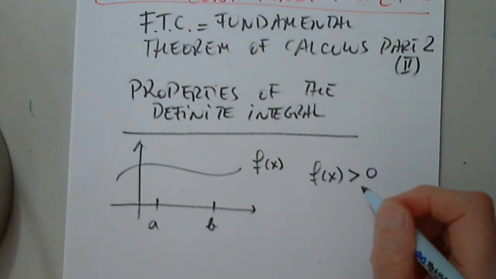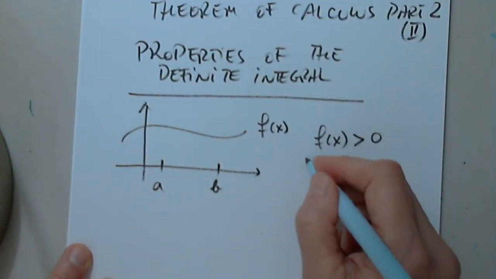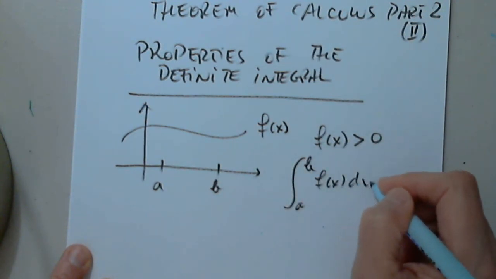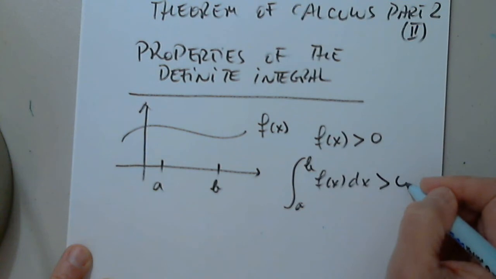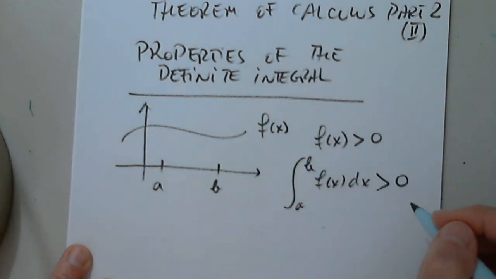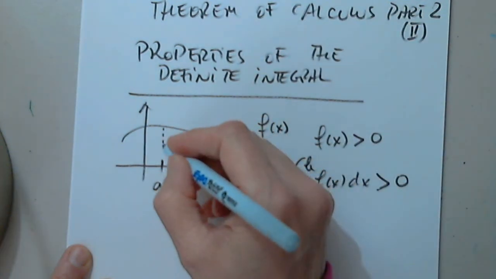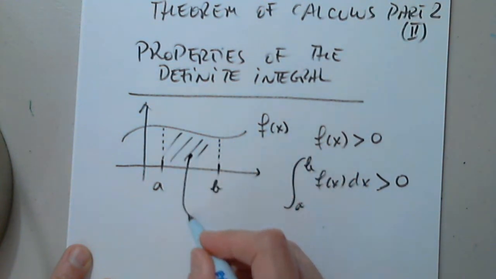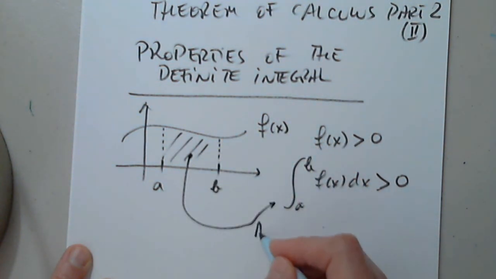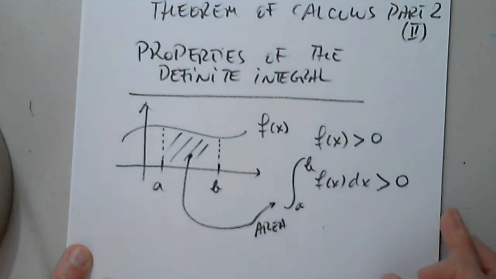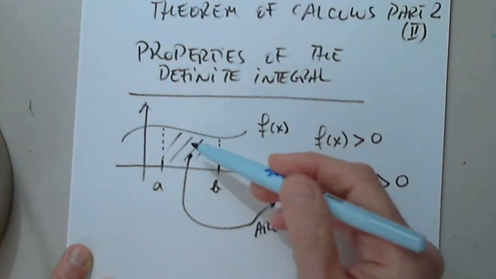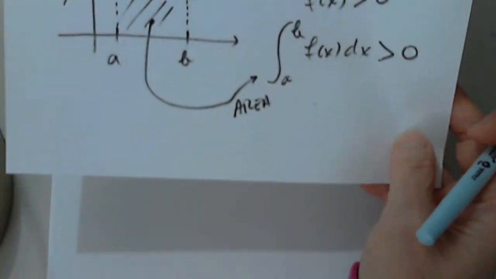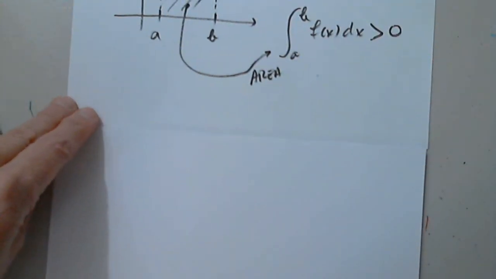So would you agree that the integral from a to b of f of x dx will also be greater than 0? Yes. Perfect. So this is the area. If the function is positive, its area will be positive. That's one property.